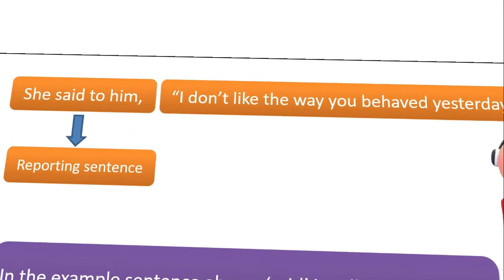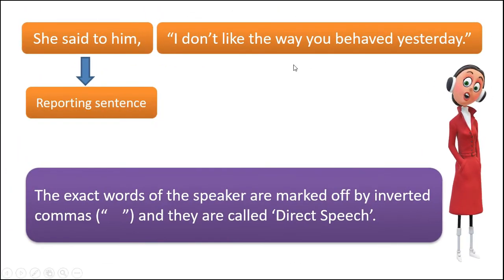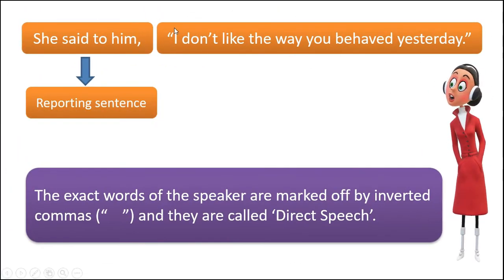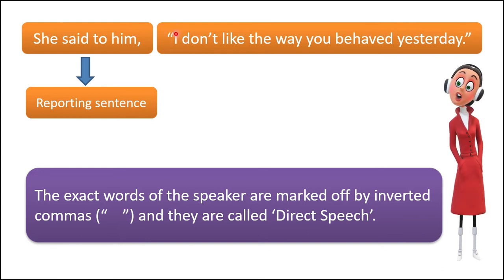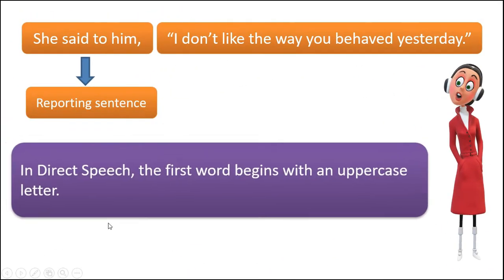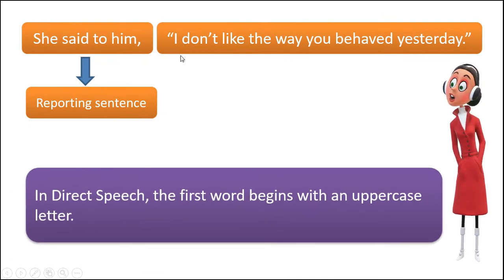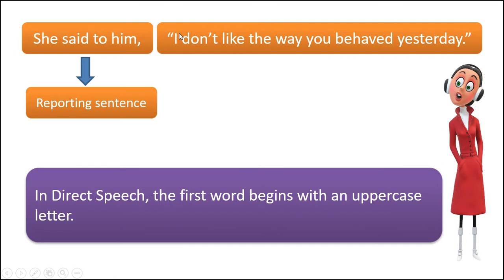Another thing, the exact words of the speaker are marked off by inverted commas. We also call them speech marks. Now this is very simple, but I just wanted to remind you, you always have to begin the sentence with a capital letter, an uppercase letter.